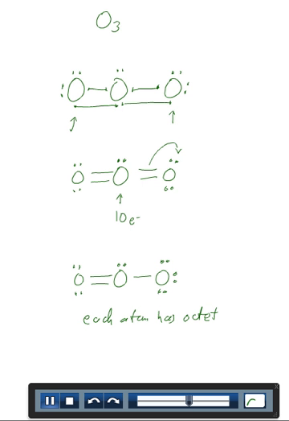So to do that, I had to move a bonding pair away from the central oxygen to an end oxygen. However, I could have very well done, instead of to the right oxygen, I could have done it to the left oxygen and ended up like this.